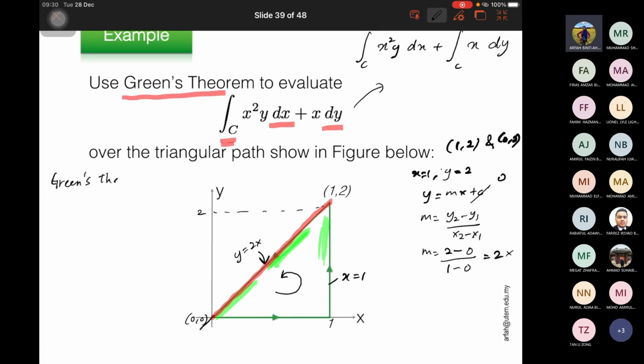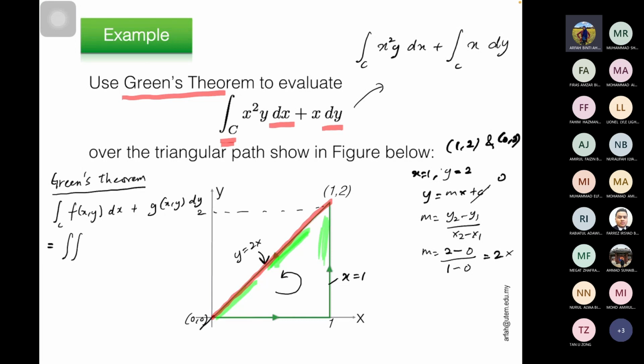So by using Green's theorem, kita ada integration over the curve C of f(x,y) dx plus g(x,y) dy. This one akan sama dengan integration over the bounded region R of (delta g over delta x minus delta f over delta y) dA.